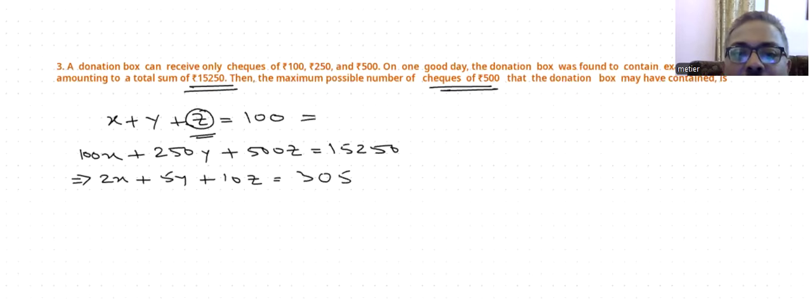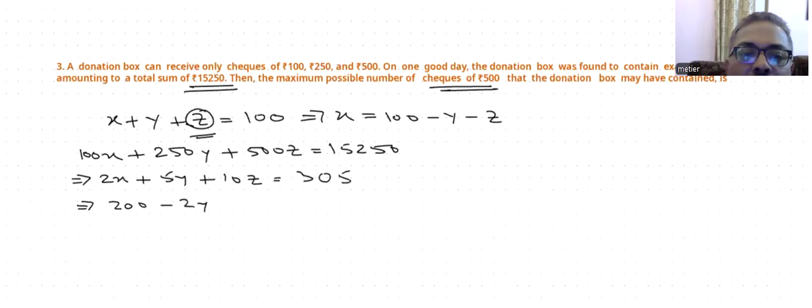So x is coming as 100 minus y minus z. So the equation will be coming as 2 into (100 minus y minus z), that is 200 minus 2y minus 2z, plus 5y plus 10z equals to 305.